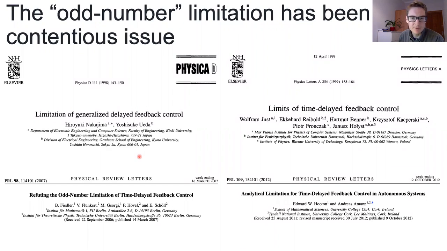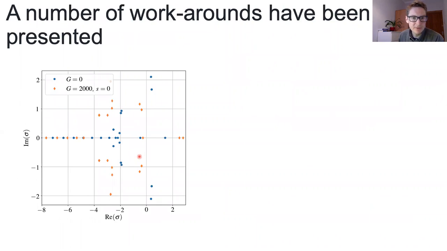I've just put up a selection of the papers here, but there's quite a big literature on this now. I'll just try to describe what the issue is. It's basically that if your orbit has a purely real Floquet exponent, then the method is expected to fail.